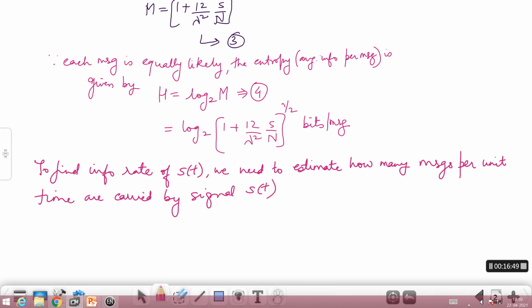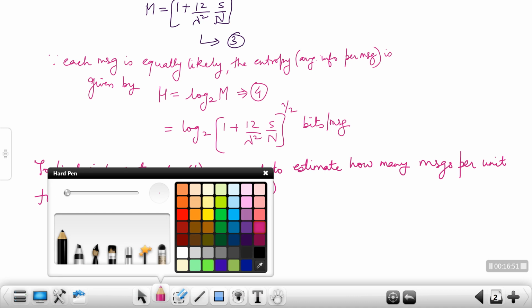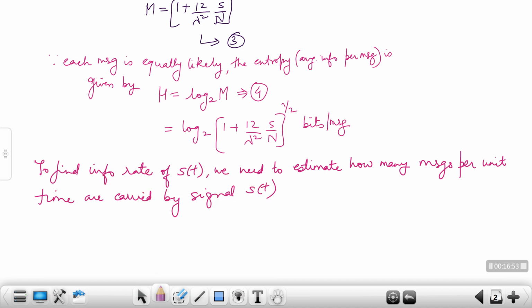So now we assume that the bandwidth of the signal is B, and this is your analog signal.